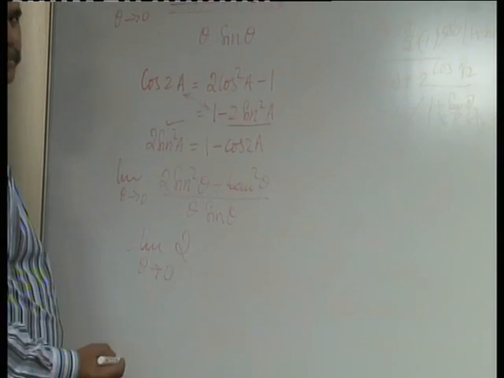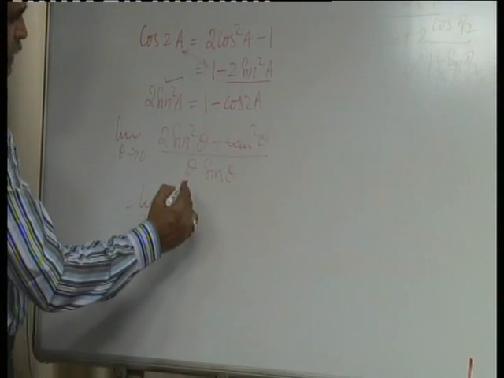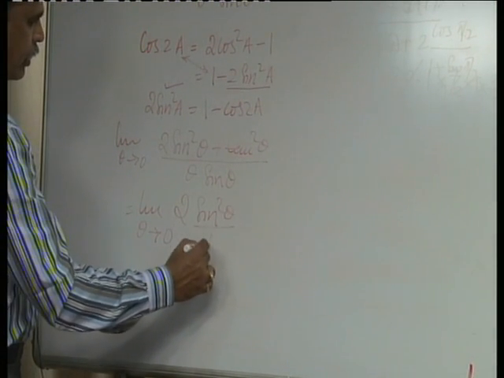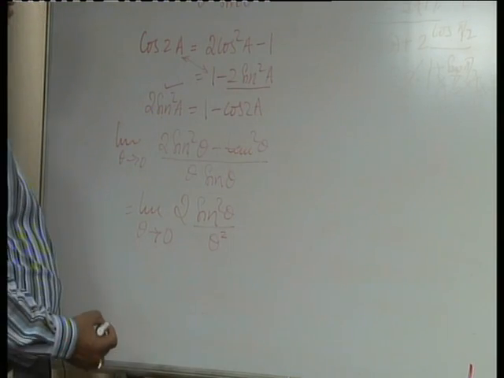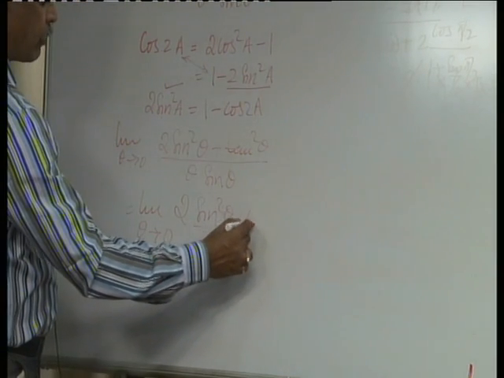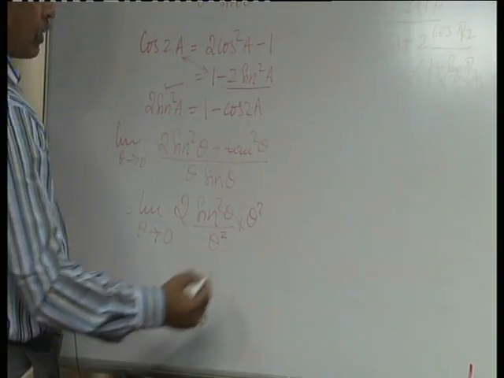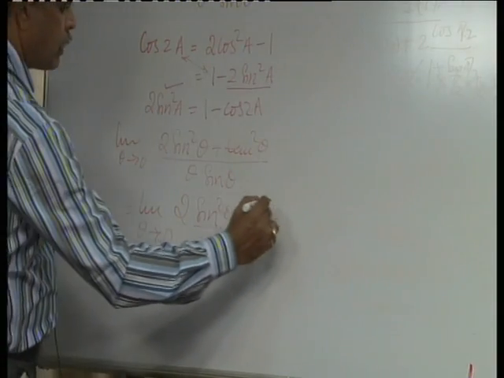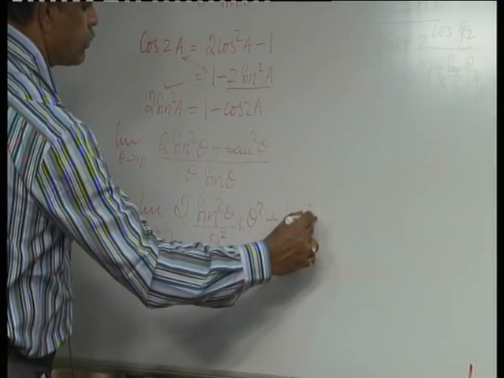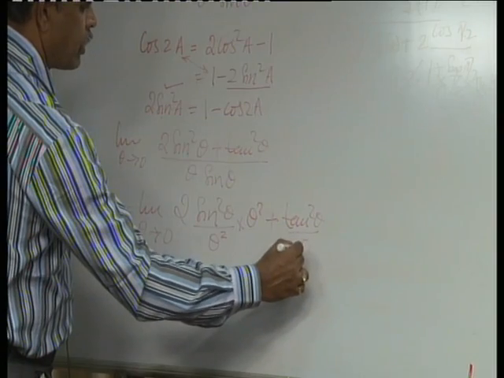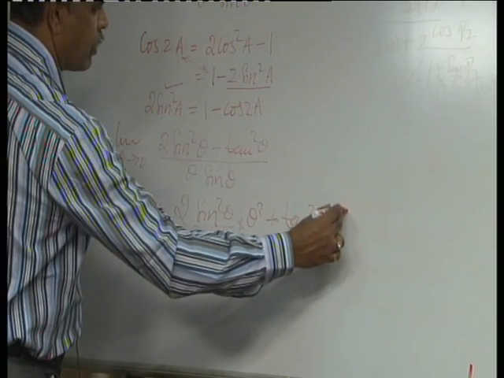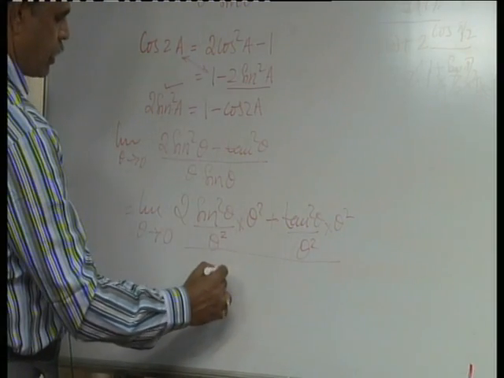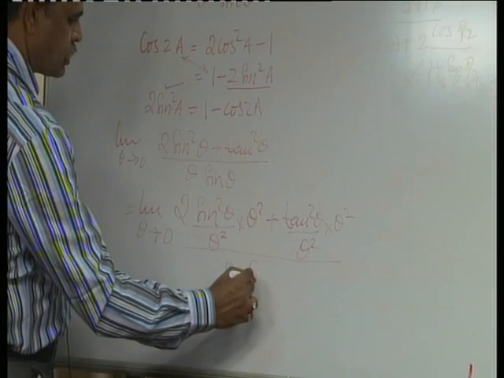2 into sin square theta. I need theta square at numerator and denominator, therefore, I will multiply and divide it by theta square, plus tan square theta, it is multiplied and divided by theta square, divided by theta into sin theta.